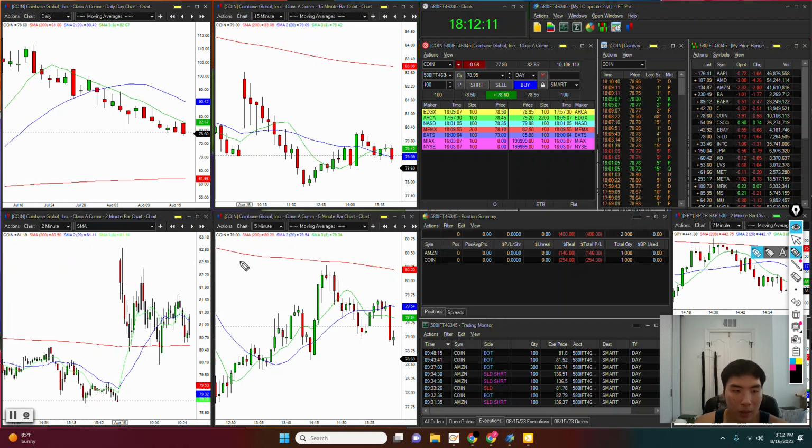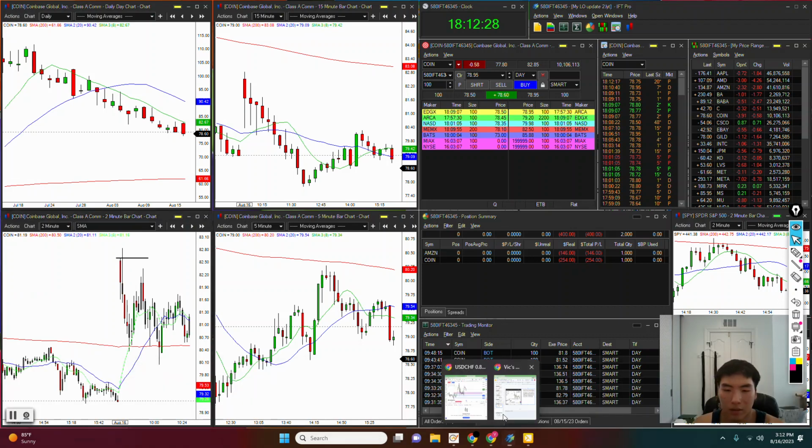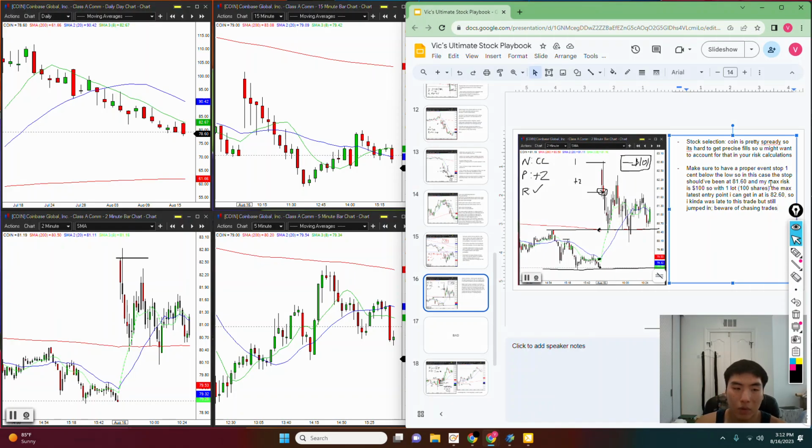So when this thing popped up green, I tried to hit it right there because it was supposed to trigger at 82.61, right? 1 cent above the high. But next thing you know, I get filled at 79. So like, what? But, oh well.